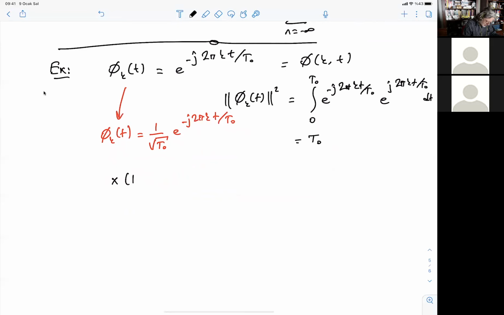x of t is equal to the sum, for all n, of a_n, for all possible n, of course. So what are those possible n's? We may want to discuss that. Times e to the minus j 2 pi kt over T0. So let's say that this is the representation.